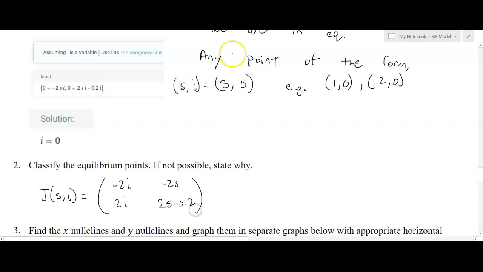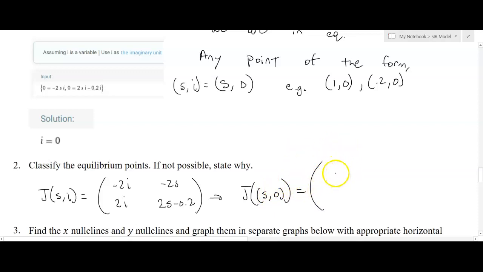So the tricky part is, because this is not just one equilibrium point, it's a whole multitude of them, the only thing I can really do, if I want to encompass all of these different equilibrium points, is to plug in 0 for I and plug in s for s. I mean, really, there are infinitely many possible values.